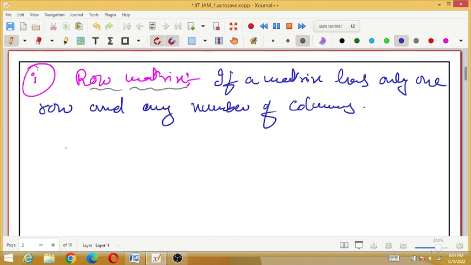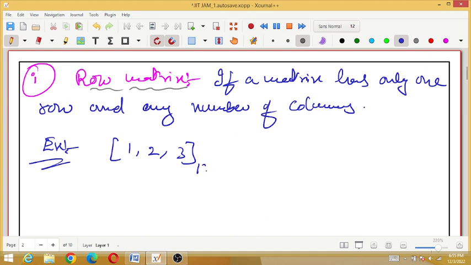For example, only one row: 1 2 3. Here how many rows are there? Only one row. The order is m by n, where m indicates rows and n indicates columns.